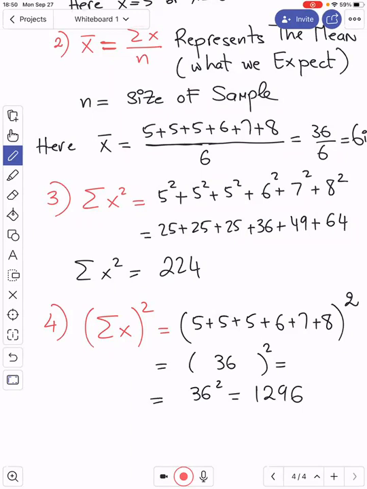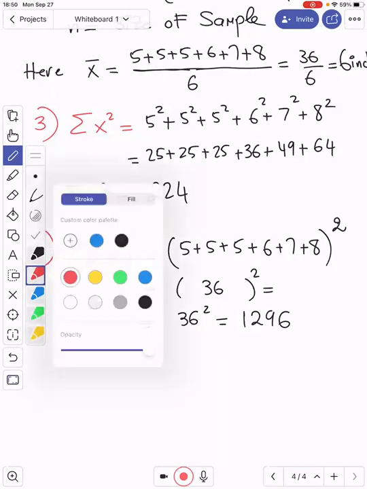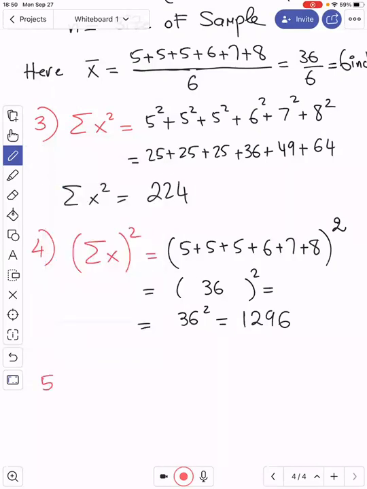All right. So now, the last step, number 5, or not the last step, but there is one more step. So in number 5, we need to compute the variance, or the sample variance.